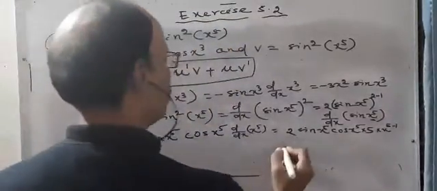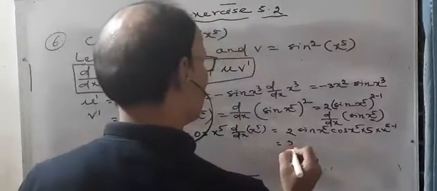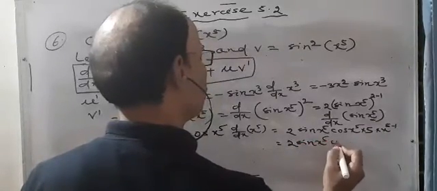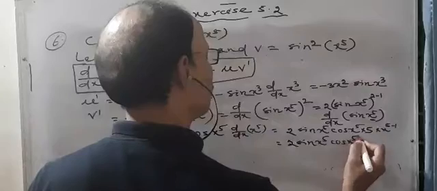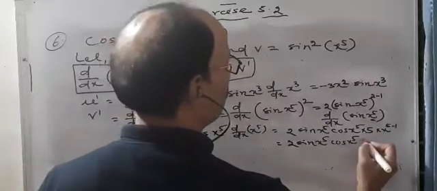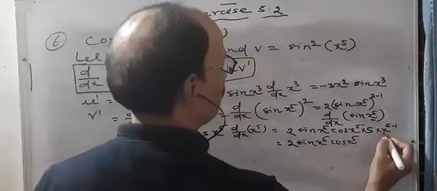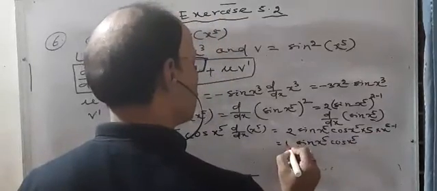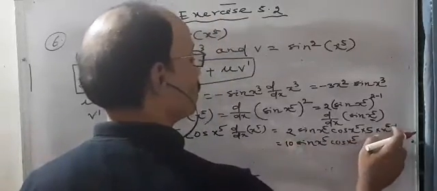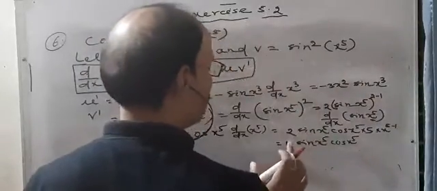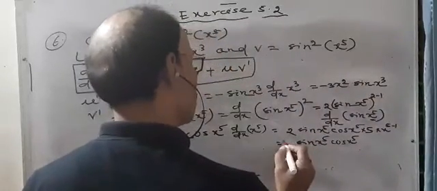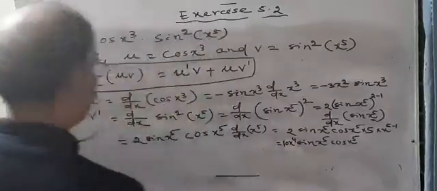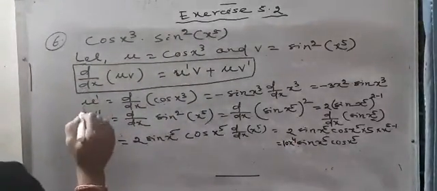So that will be 2 sin x to the power 5 cos x to the power 5, then multiply: here 5 will be multiplied with 2, so it will be 10, then x to the power 5 minus 1 is 4, so we may write here 10 x to the power 4. Okay, so this is u dash v dash.